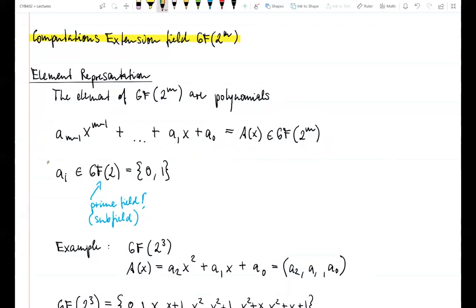So the coefficients to the x, these guys here, they are either 0 or 1. Okay, so in other words, the coefficients are members of Galois field 2. So this is a prime field. It's a subfield of Galois field 2 to the m.